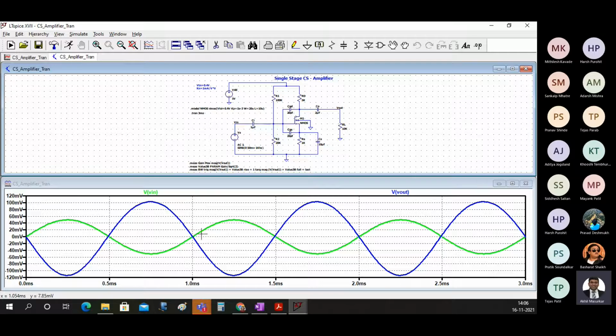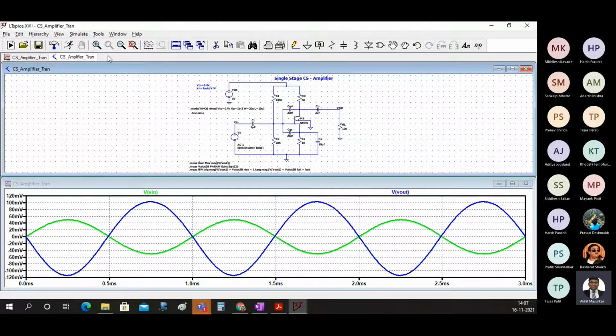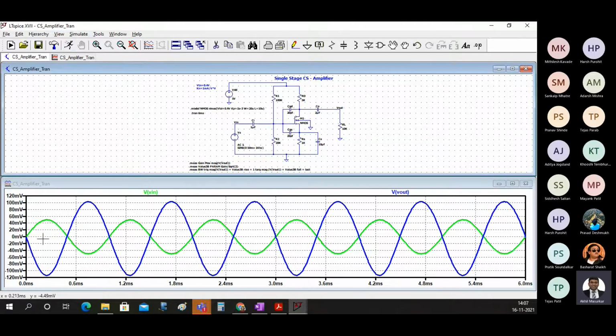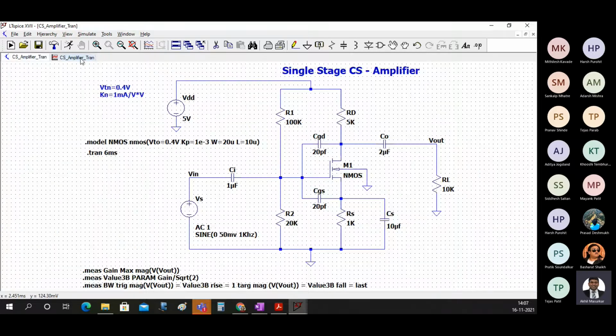One cycle is 1 millisecond, and if I want to see 3 cycles, I can write 3 milliseconds here. If I want to see 6 cycles, I can resimulate and get 6 cycles of the signal. There is no hard and fast rule in that. How many cycles you want to see is totally up to you or the user.